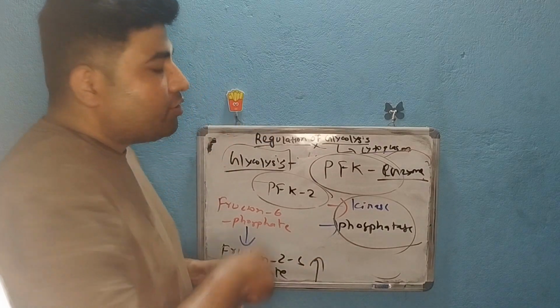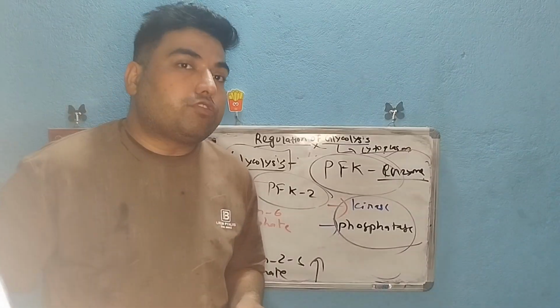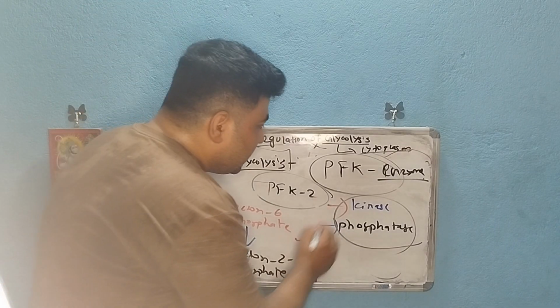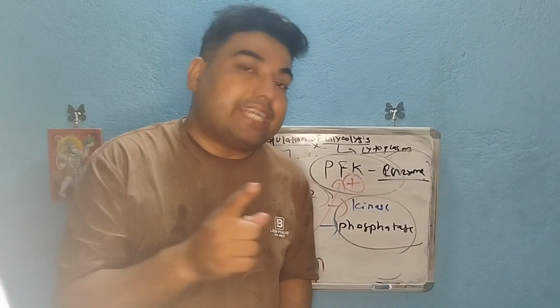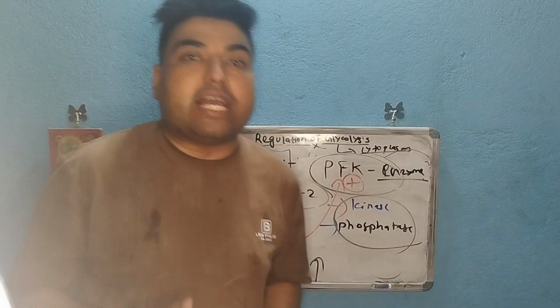The increasing concentration of fructose 2,6-bisphosphate is an allosteric activator of the enzyme PFK1 involved in the glycolytic pathway.